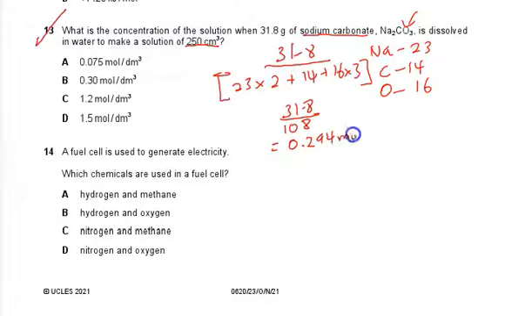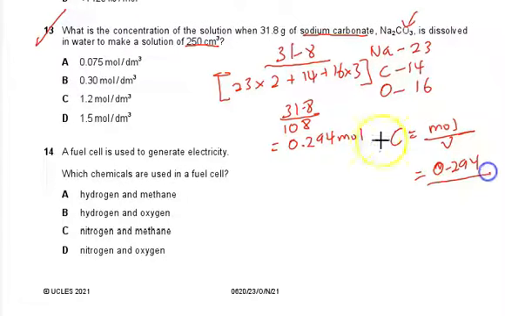0.294444. So this is the mole. To get the concentration, it is the mole divided by the volume. So here mole is 0.294 divided by 250 divided by 1000. We have to change this into decimetre cube as well.